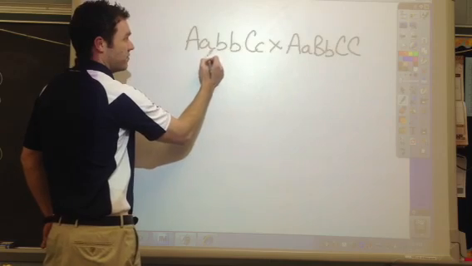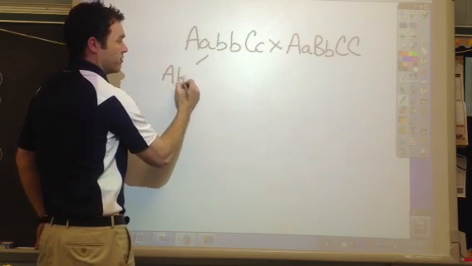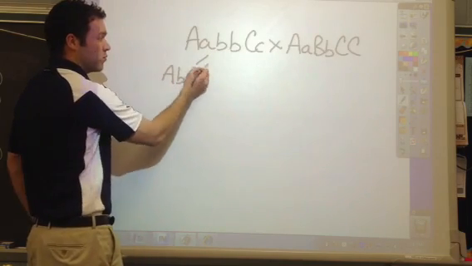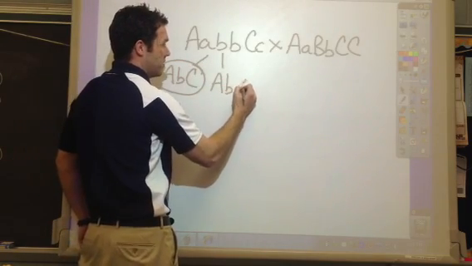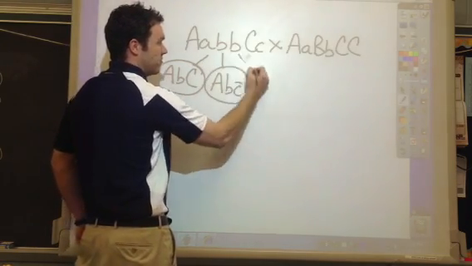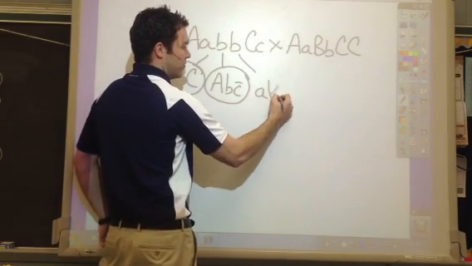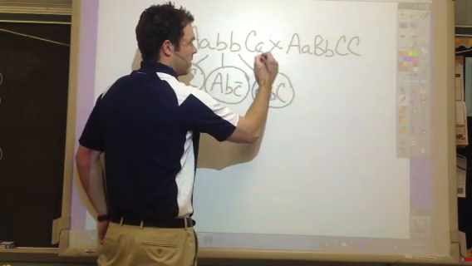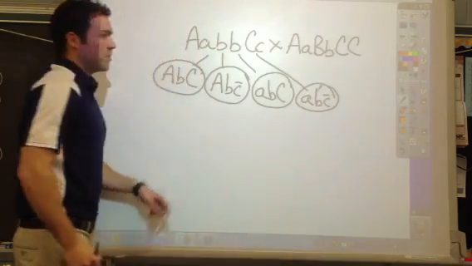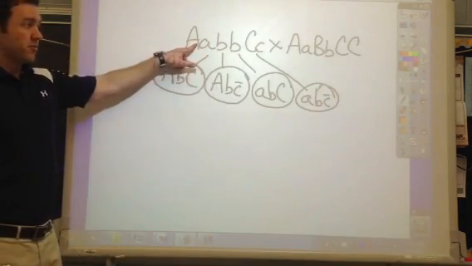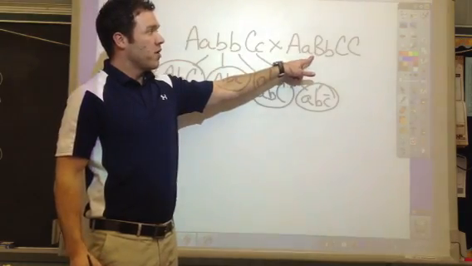This parent on the left would produce a dominant A, recessive B, dominant C as one variation, another variation, dominant A, recessive B, recessive C as a second, then recessive, dominant, recessive. So this parent has 4 combinations. Then this parent also will have 4.